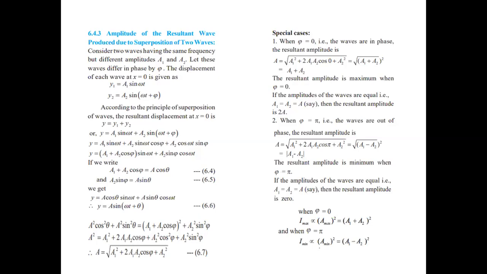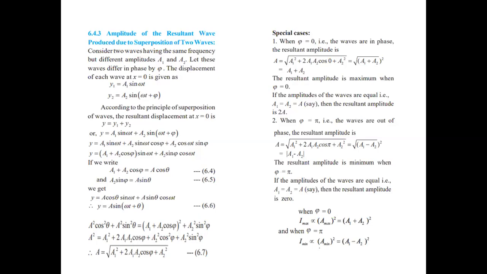First case, when phi is equal to 0, that means the waves are in phase. Then the resultant amplitude can be written as A equal to under root A1 square plus 2 times A1 A2 cos 0 plus A2 square. We know that cos 0 is 1. So in the next step we can write under root of A1 plus A2 bracket square.